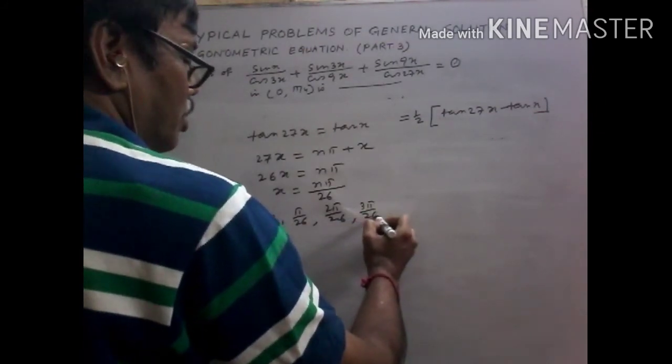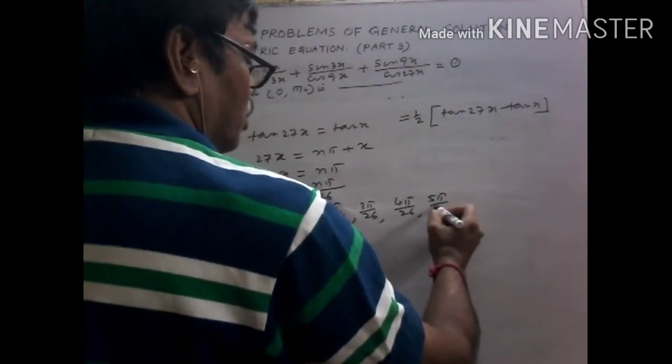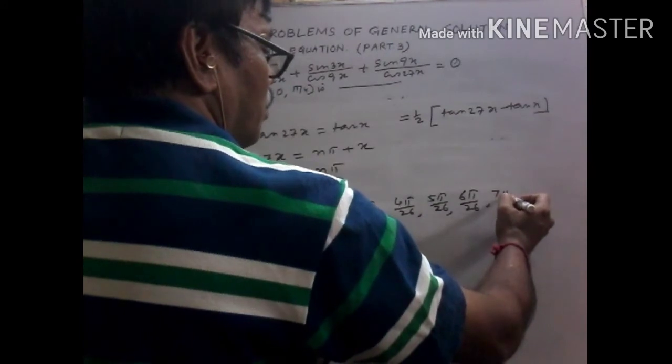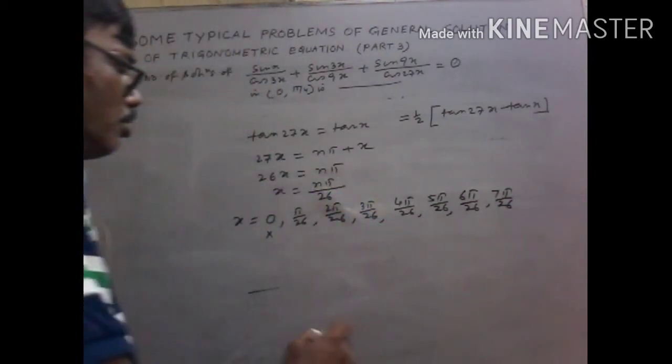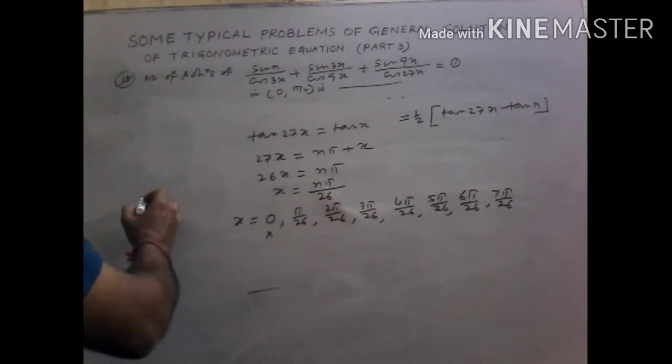this is not included, 3 pi by 26, 4 pi by 26, 5 pi by 26, 6 pi by 26, 7 pi by 26. So 1, 2, 3, 4, 5, 6, 7.